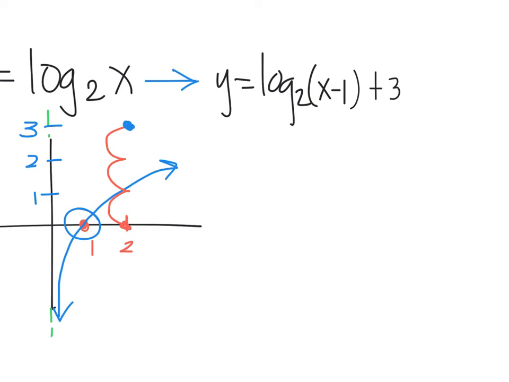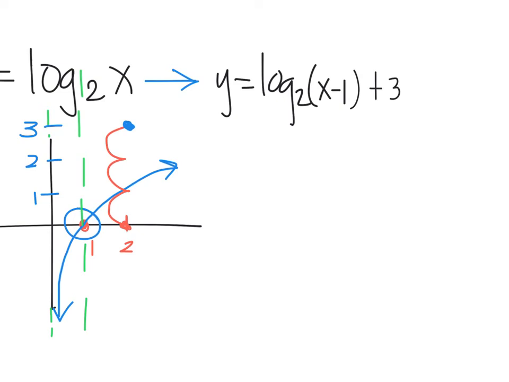Where is the vertical asymptote? It moves with the point. Minus 1, 1 unit to the right. The asymptote will also move 1 unit to the right. So the green dashed line will now be, from 0, at x equals 1.